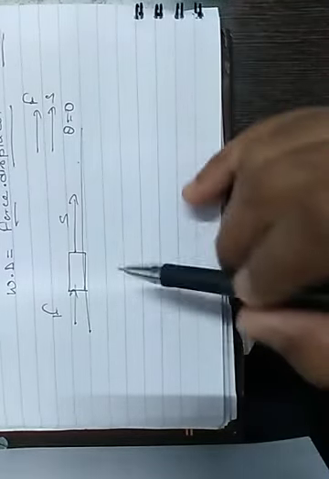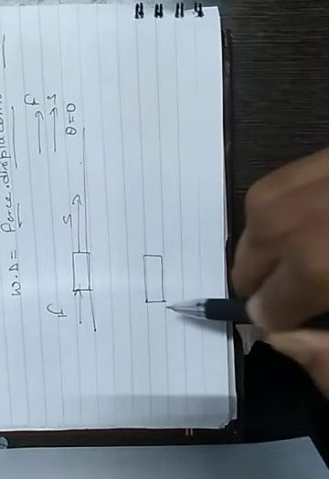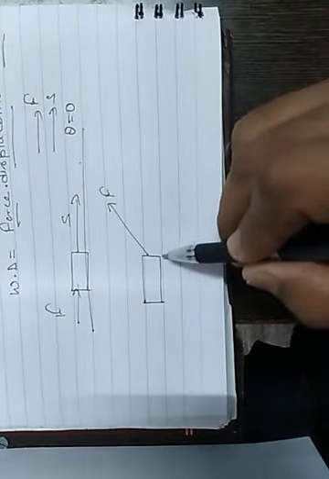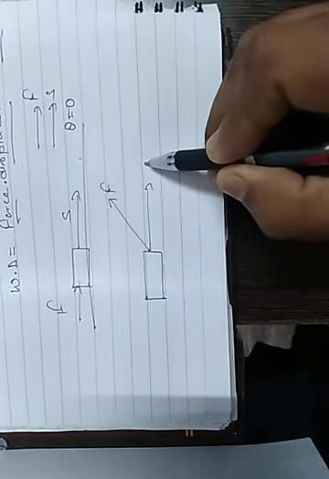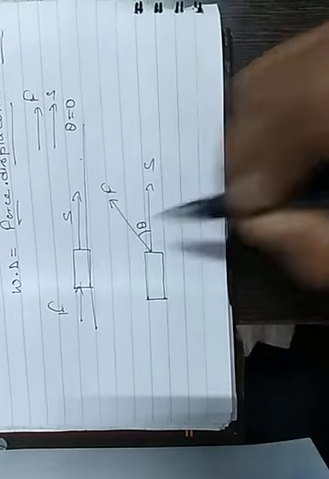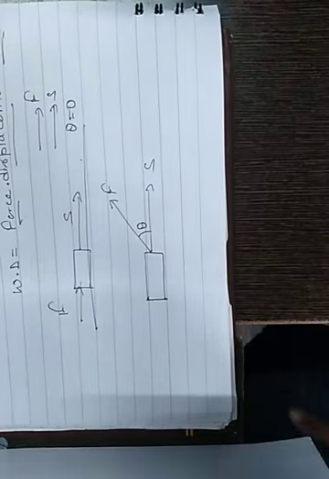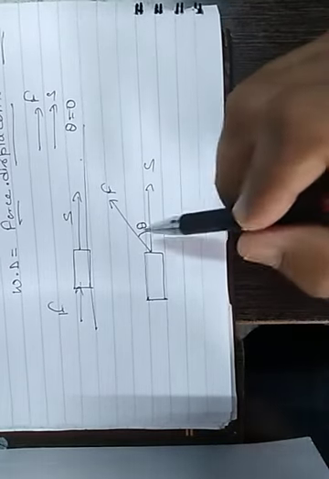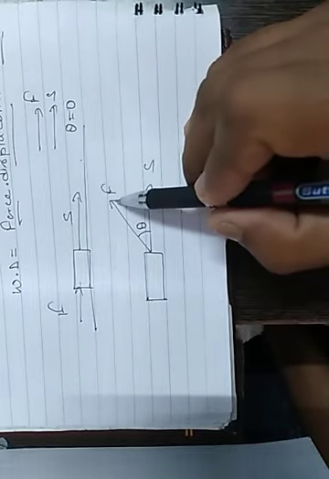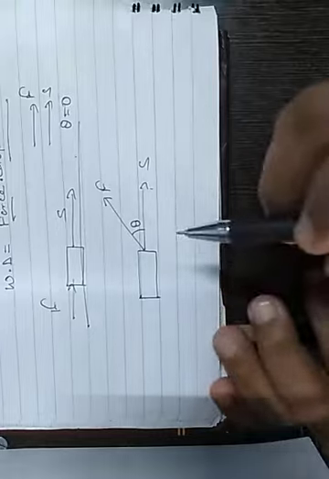But this is not the case every time. Sometimes this is a block, this is force, and this is displacement. Again, an angle theta exists between the force and the displacement. So we will just consider the component of force that is along the displacement. Just listen to it very carefully.